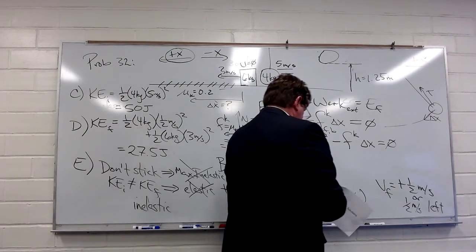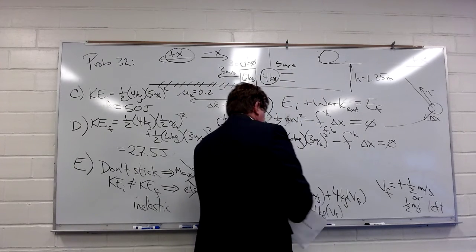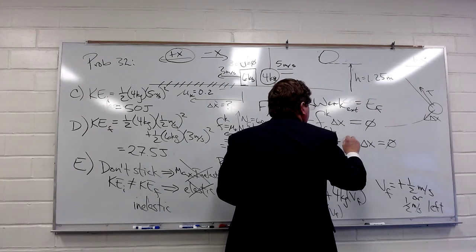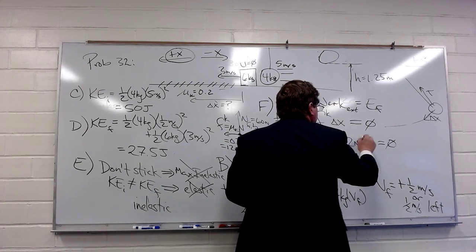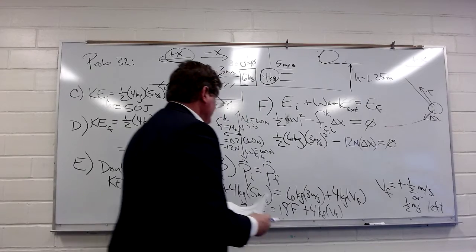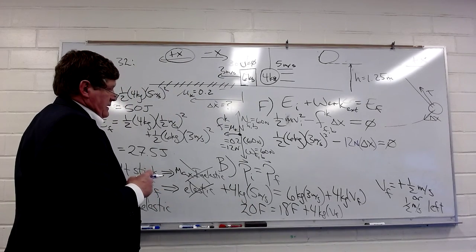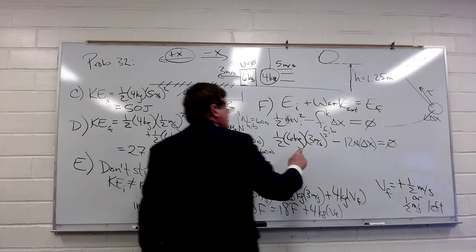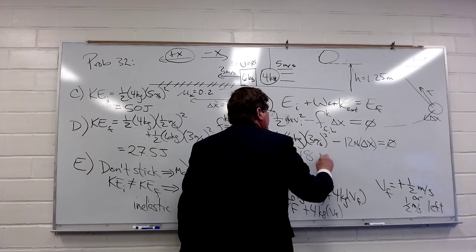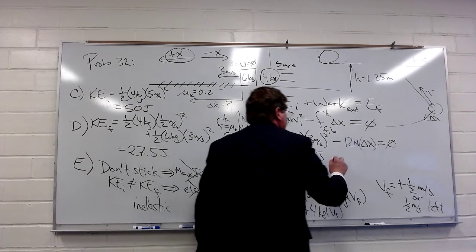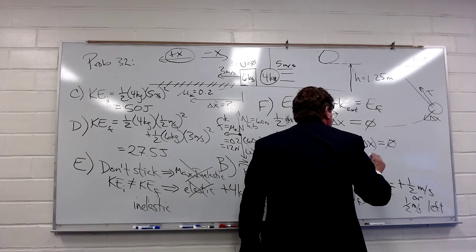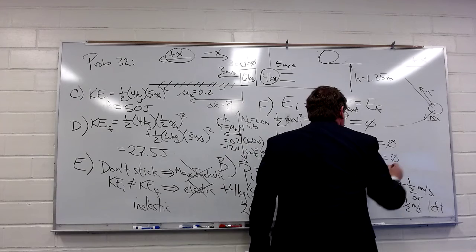So I can come back here and plug in for the friction force 12 newtons. And now I'm ready to solve for delta x. This is going to be 18 joules minus 12 newtons times delta x, spelled with a delta, is equal to 0.